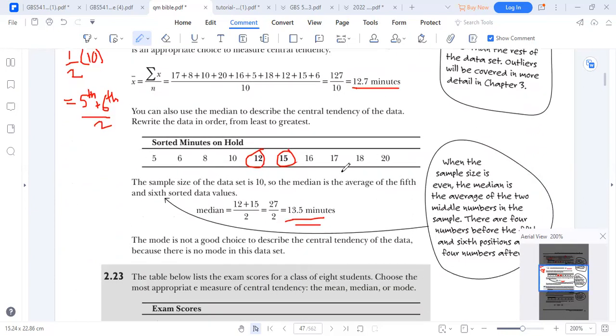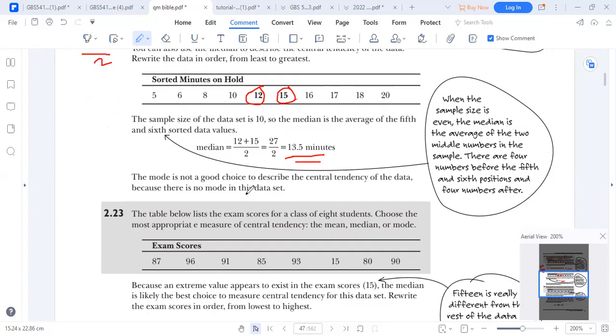We can't use the mode because there's no value that is most frequent. So when the sample size is even, we usually add the next number to the whole number that we had. If we have 5, it's 5 plus 6, divided by 2.